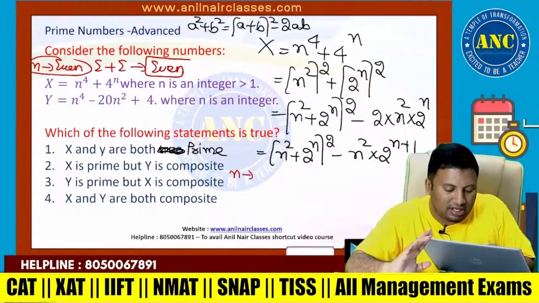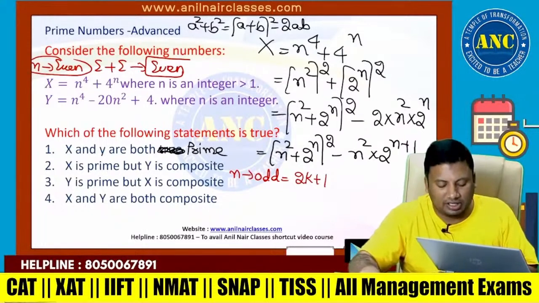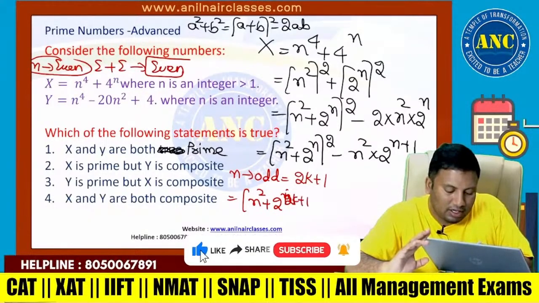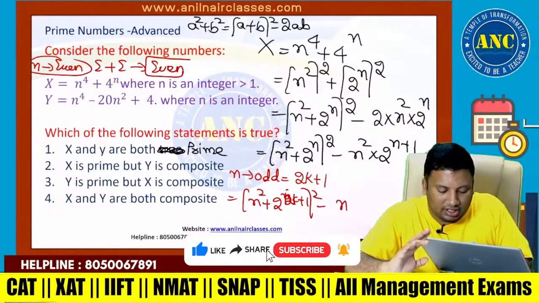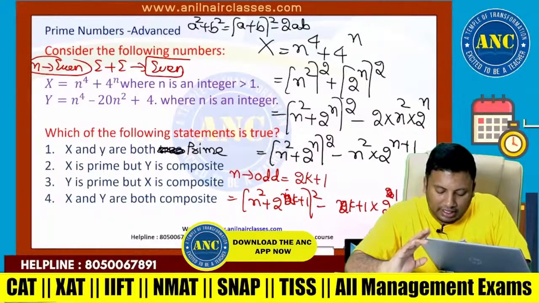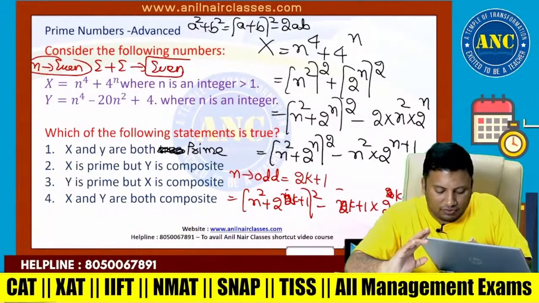If n is an odd number, it is of the form 2k plus 1. K can be 0. So this is nothing but (n square plus 2 power (2k plus 1)) whole square minus n square into 2 power (2k plus 1 plus 1). 2k plus 2 is nothing but (k plus 1) whole square.